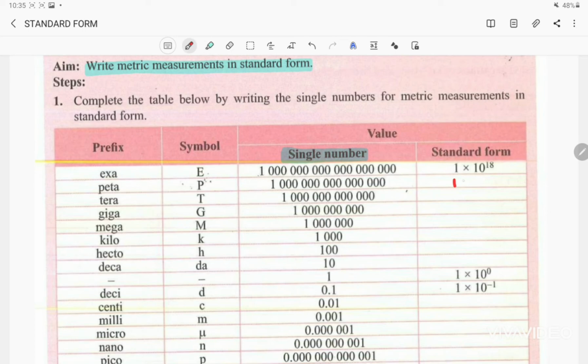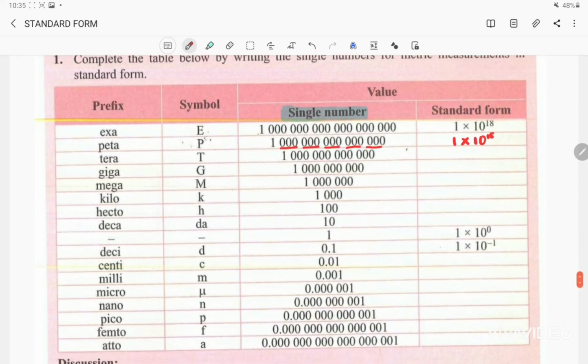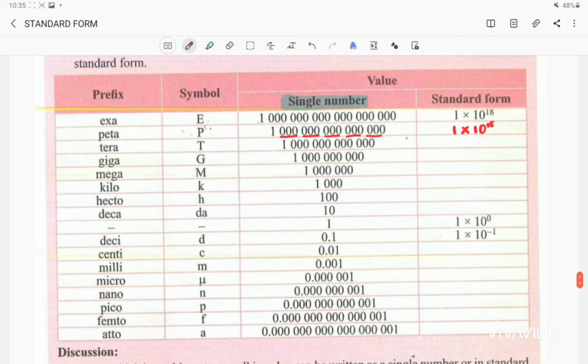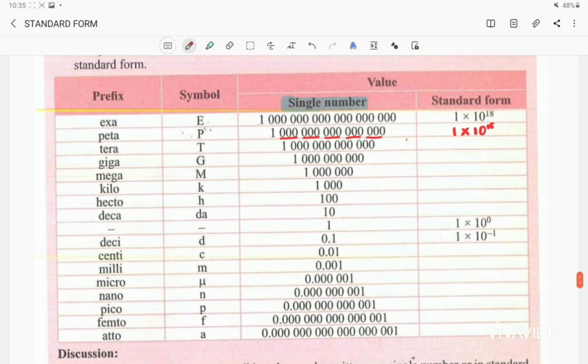This one is 1 times 10 power of berapa ni? 3, 6, 9, 12, 15. This one is 1 times 10 power of 15. Dan cikgu nak awak lengkapkan this table. Bila dah lengkapkan, awak kena tahu hexa tu berapa value dia, peta, tera.